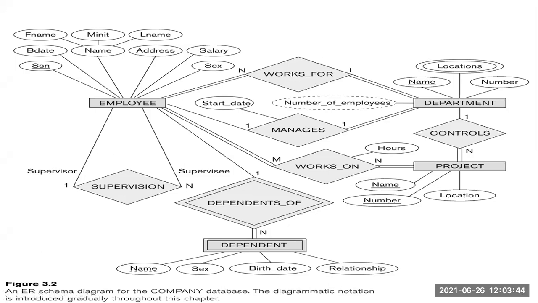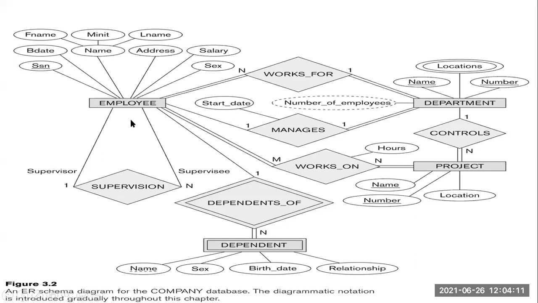Now, what is a total participation? From one table, assume the employee table, all the employees are working or participating in a department here. All the employees are participating in the department. None of the employees are empty, they are not sitting idle. Similarly, it is going to be represented with a double line here.